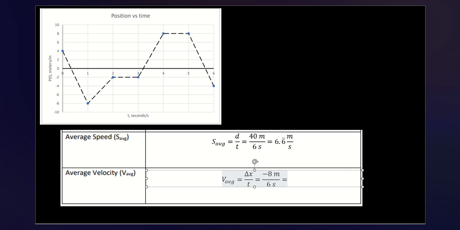And negative 8 divided by 6, if you wanted it as a fraction, that's negative 4 divided by 3. Or as a decimal, that would be negative 1.3, where the 3 repeats. And of course, that is still in meters per second. So unlike average speed, average velocity can be positive or negative because it is a vector.